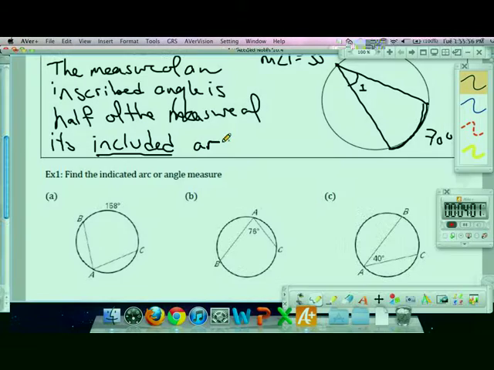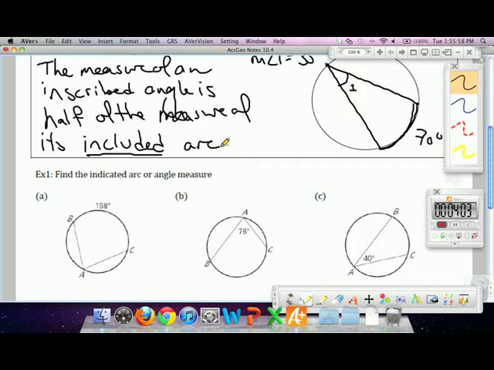It doesn't necessarily have to be minor, because you could have a very wide angle where the arc is more than 180. I'm going to use the word included, as in the arc that's between the two rays of your angle.